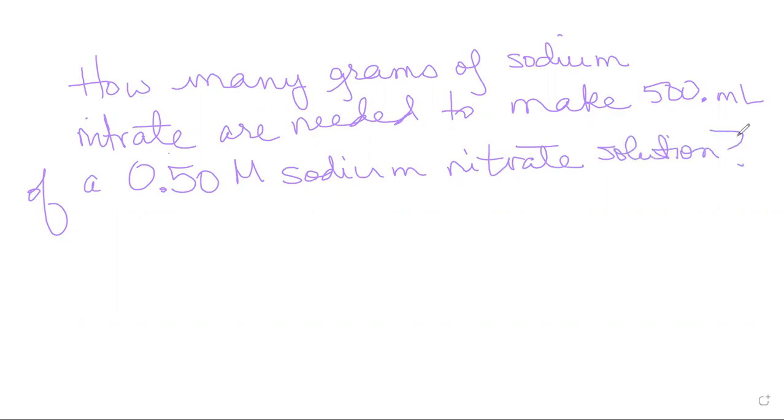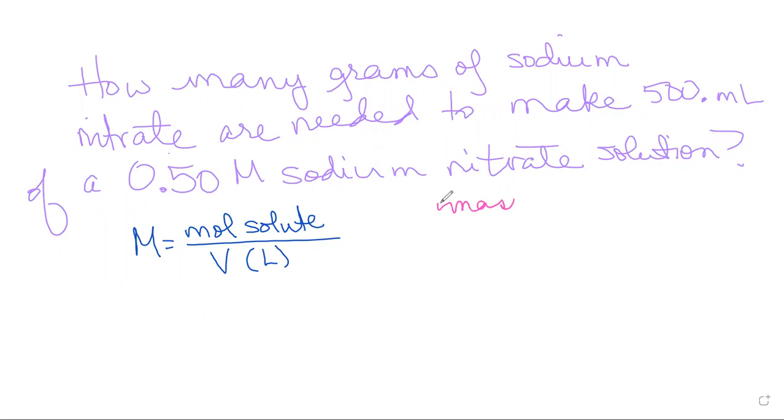Okay, so we're going to use our equation. Molarity is equal to moles of solute over volume of solution. That's in liters. Okay. And what are we looking for? We are looking for grams of sodium nitrate. So we need the mass of the solute. But we know how to go from moles to mass.